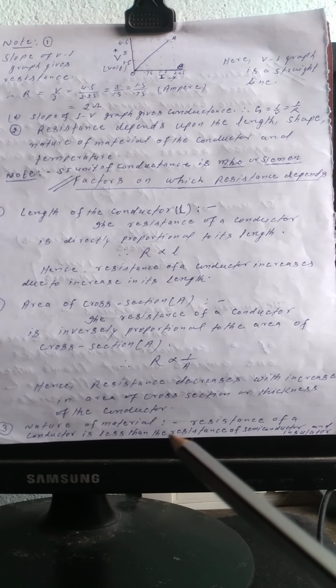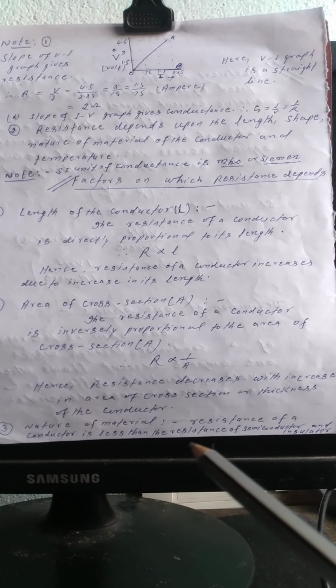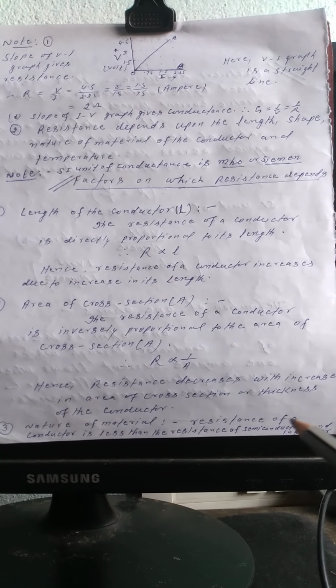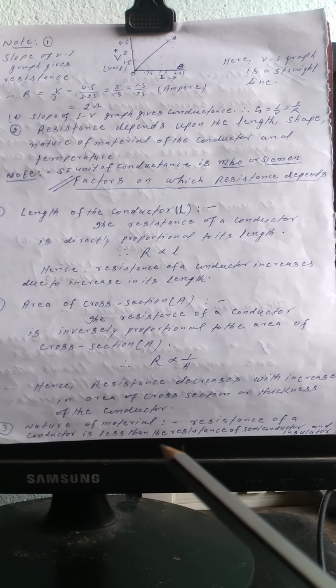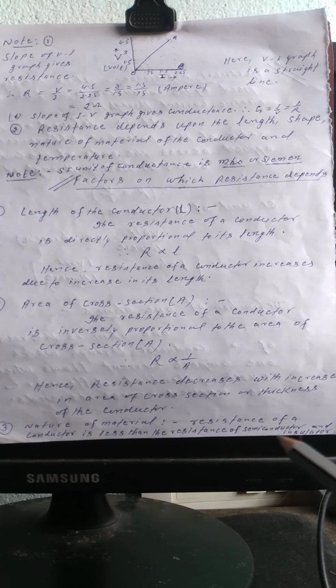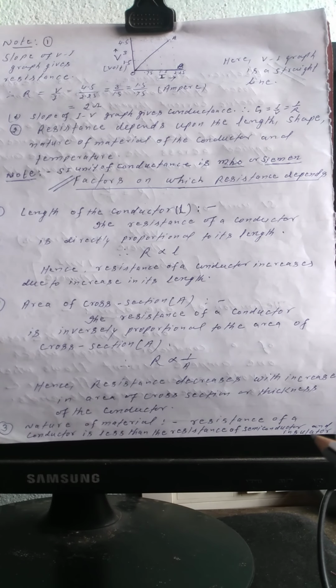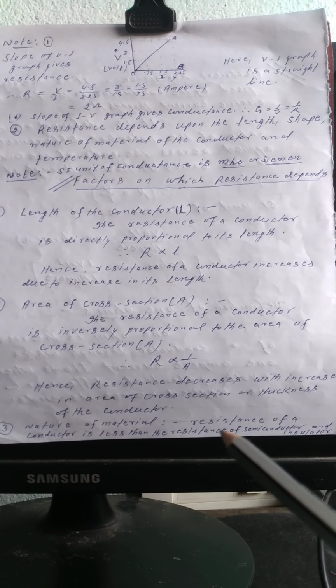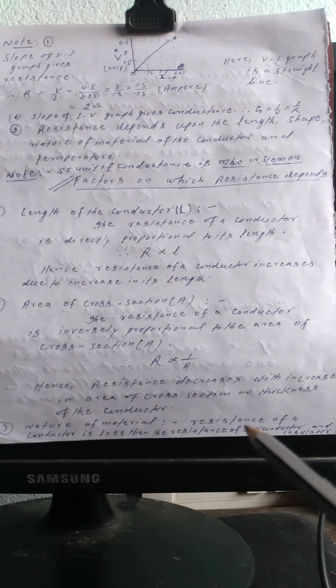Now third is the nature of material of the conductor. So resistance of a conductor is less than the resistance of a semiconductor and insulator. So semiconductor and insulator have more resistance than that of the conductor.